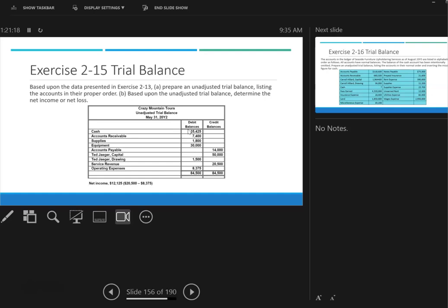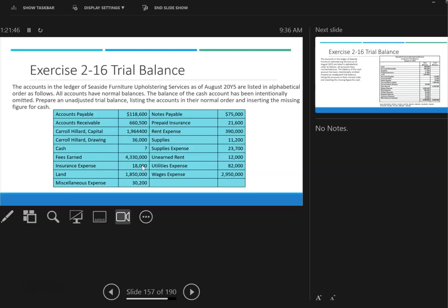You start with cash, then in order of liquidity, you do all your assets first, then your liabilities, your capital, your revenues and expenses. Do you see in the trial balance how it shows assets first? Does that make sense? Then your liabilities, then your capital accounts, then revenues, then expenses.